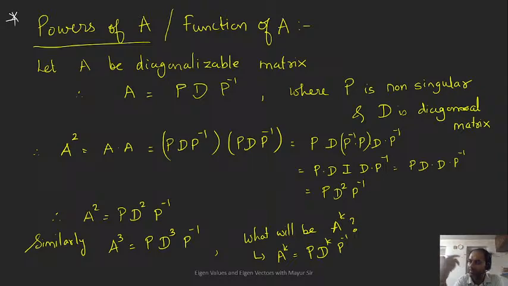But for A raised to k, if you have this algorithm, A raised to k is P D raised to k P inverse, then the computer can directly get D to the power k, and then you can get this answer.